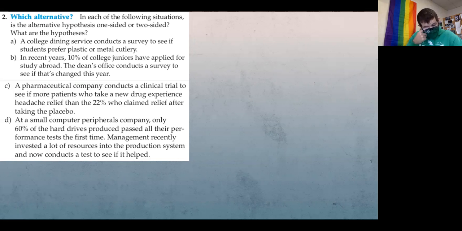At a small computer peripherals company, only 60% of the hard drives produced passed all their performance tests the first time. Management recently invested a lot of resources into the production system and now conducts a test to see if it helped.